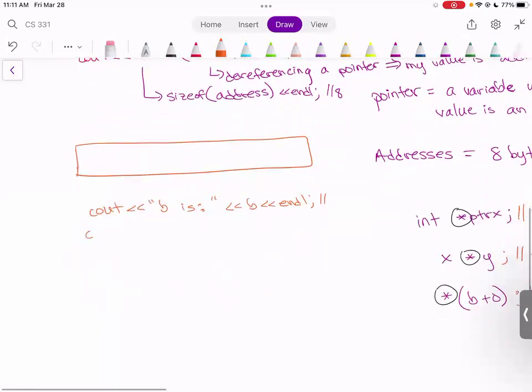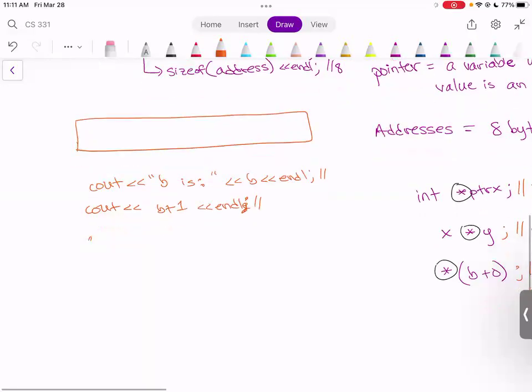And then you have cout b plus 1. And then cout ampersand b. And then cout ampersand b plus 1.